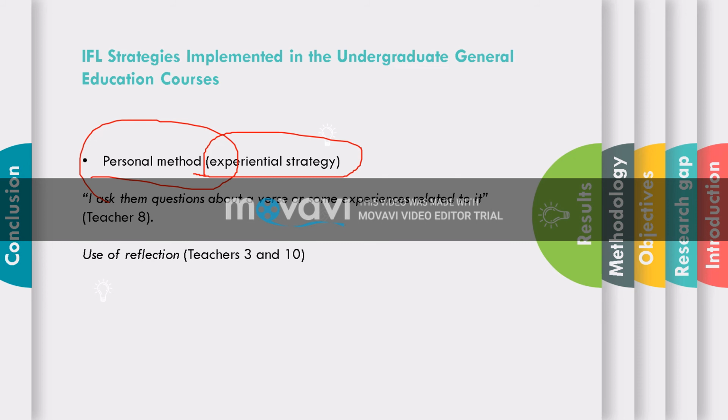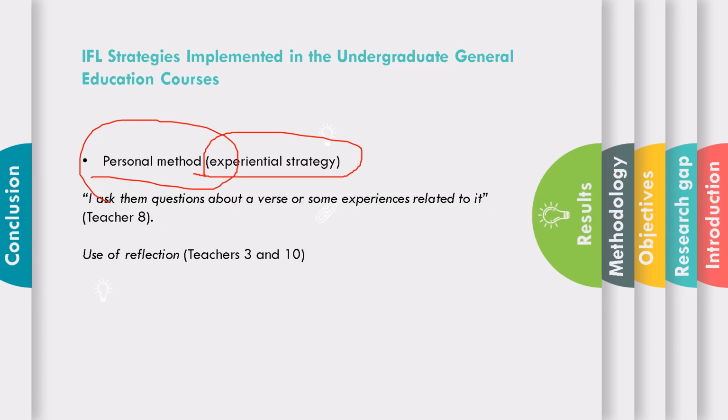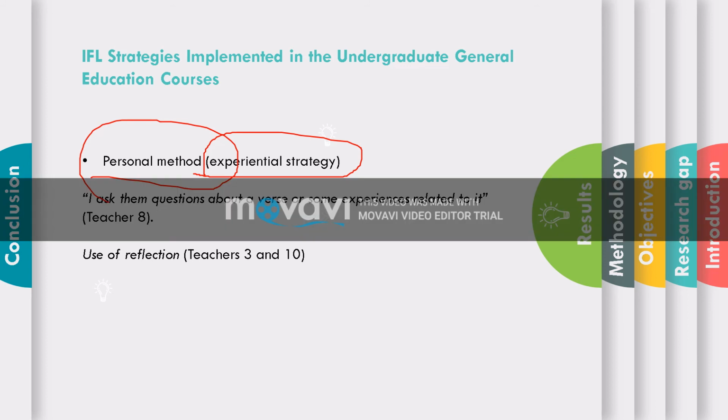Environmental method is not apparent in the syllabi because it is part of the hidden curriculum. More so, analogous and narrative methods are also not usually present in the syllabi because they are more justified in the discussion and/or presentation of topics.